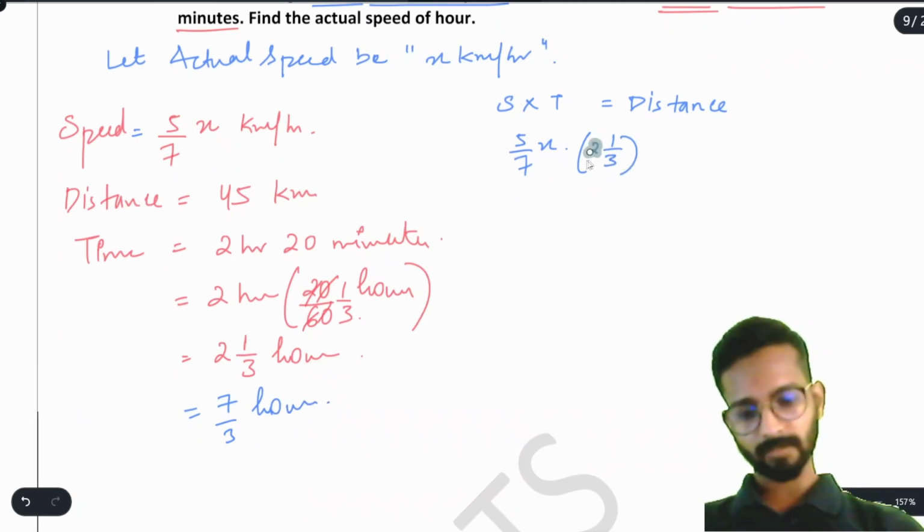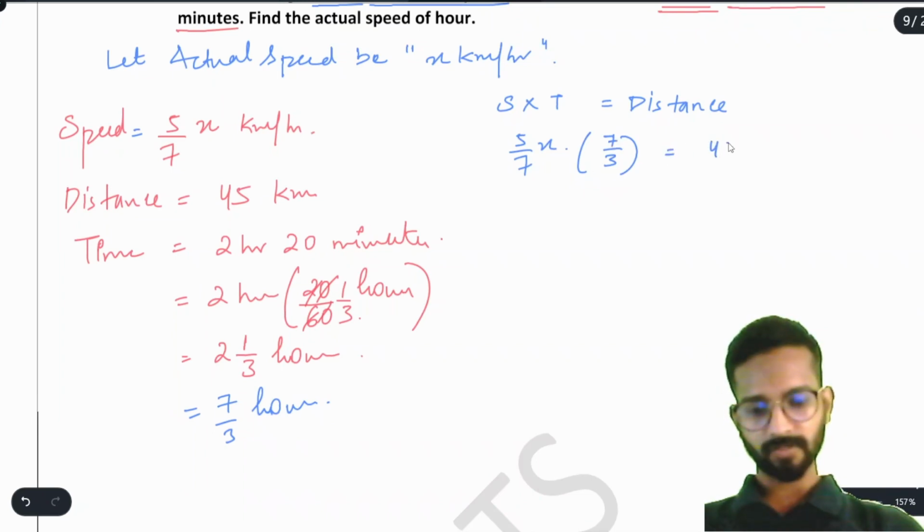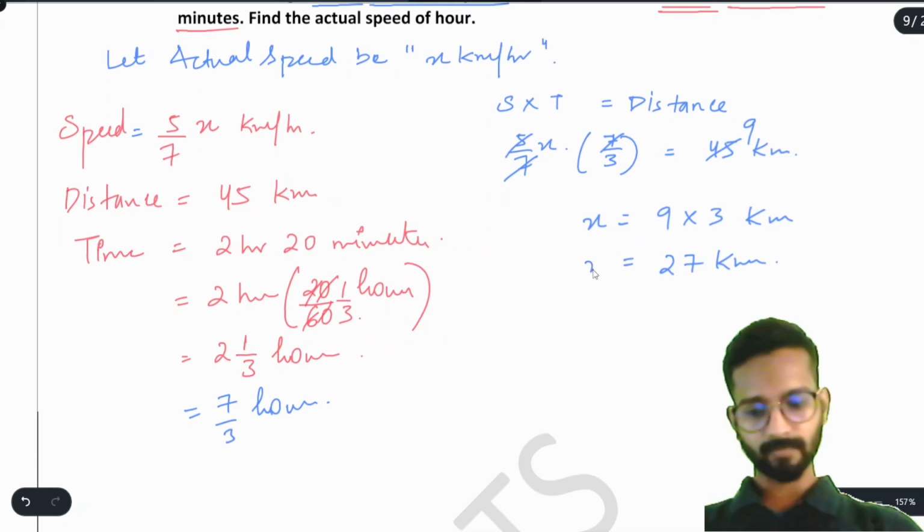So you can write here 5/7x into 7/3 hours is equal to distance, 45 kilometers. This and this cancel. 5 nines are 45. So you can say x is equal to 9 into 3 kilometers. So you can say x is equal to 27 kilometers.